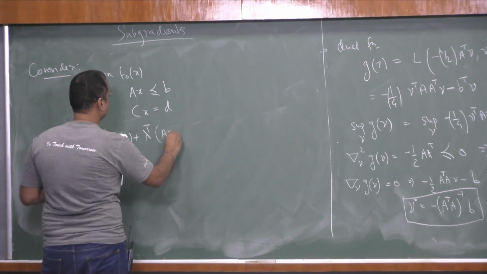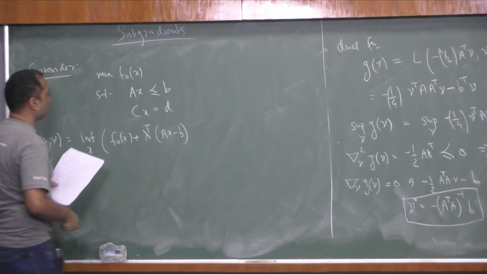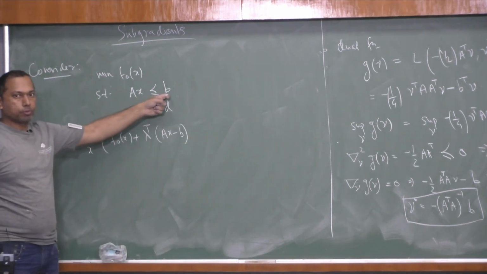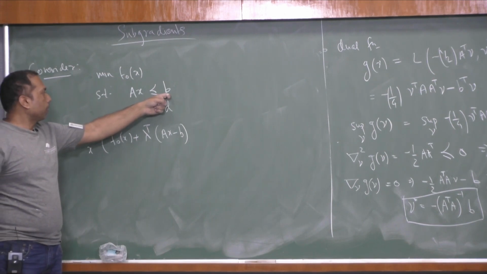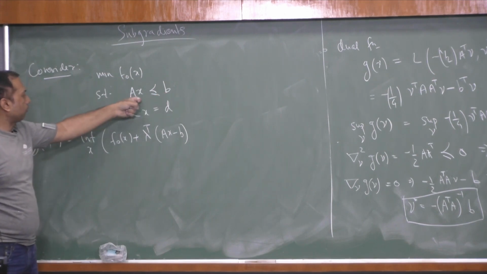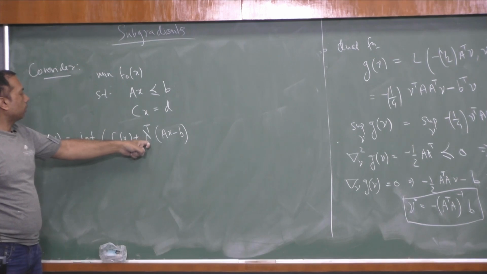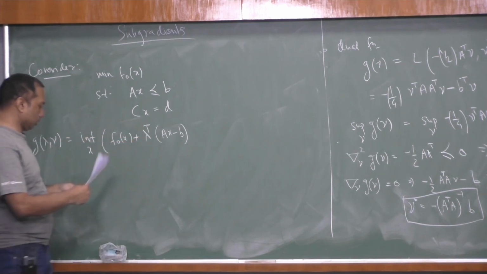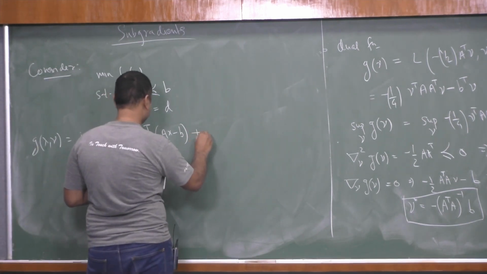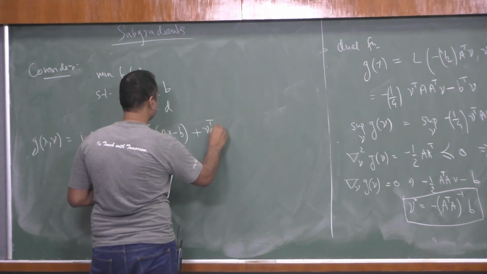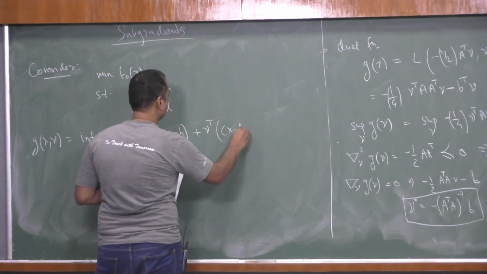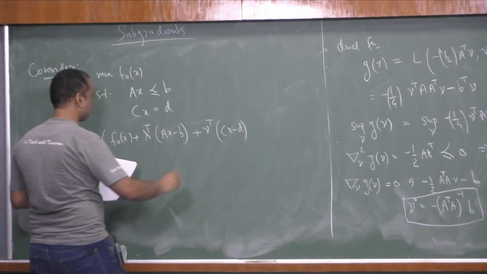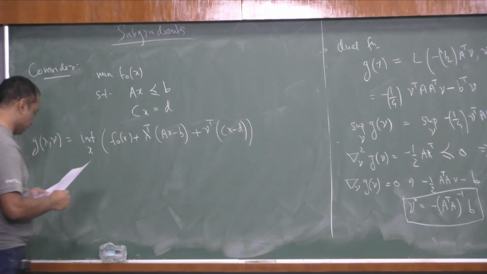So this is A x minus b. Remember that you should always move the right hand side non-zero terms to the left before applying lambda. So that's important. And then plus nu transpose C x minus d. So we are supposed to infimize this.